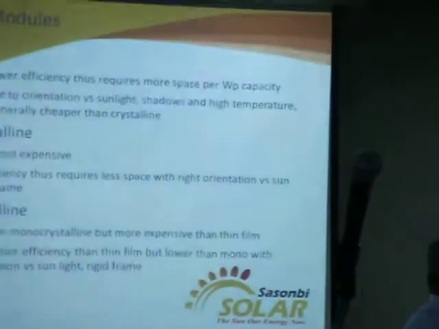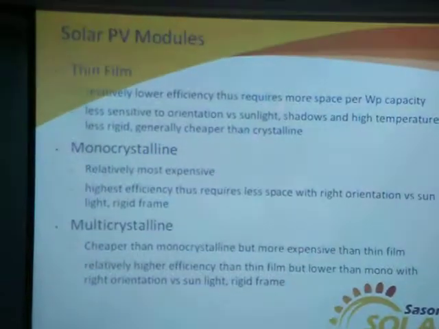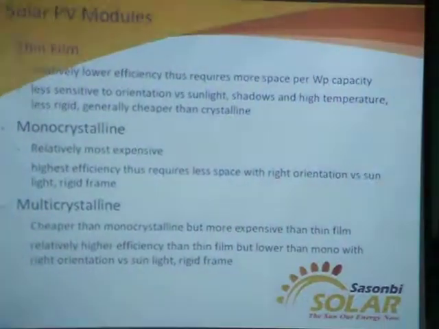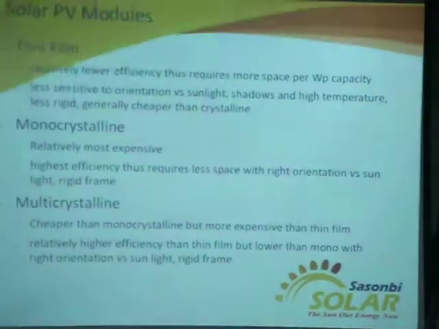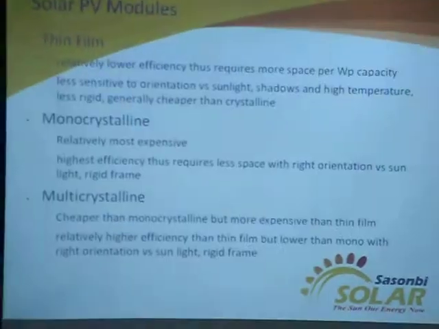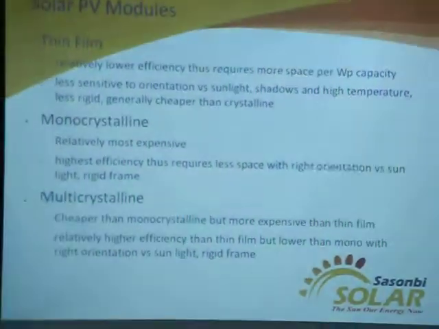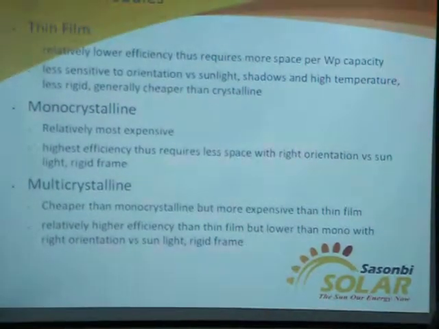The thin film is probably the cheapest, and it is probably the most insensitive to sunlight. So in other words, it generates enough power even if it is not hit by direct sunlight. And that sunlight power is normally called irradiation.